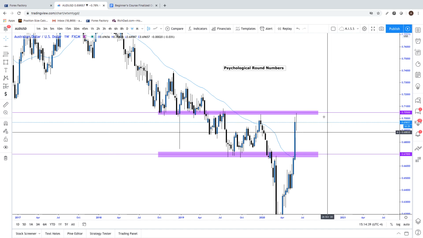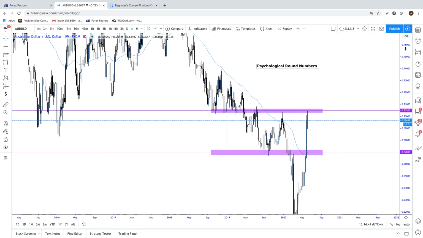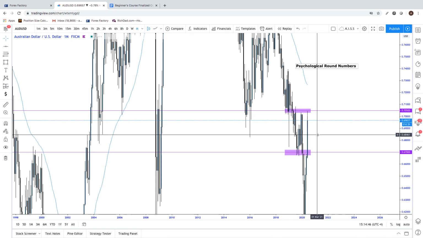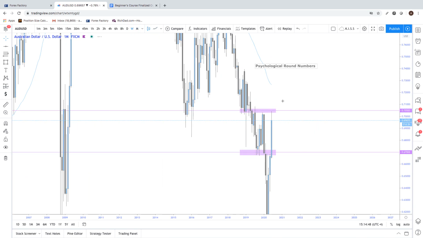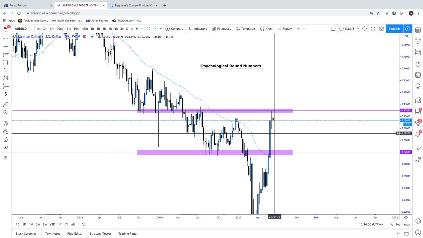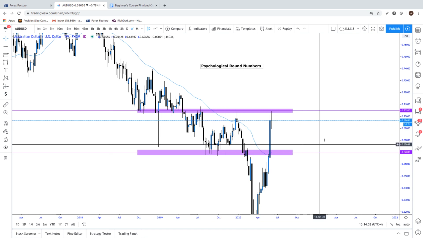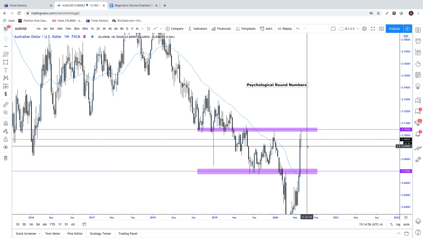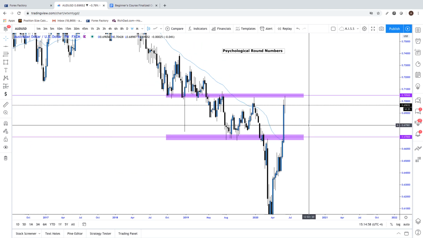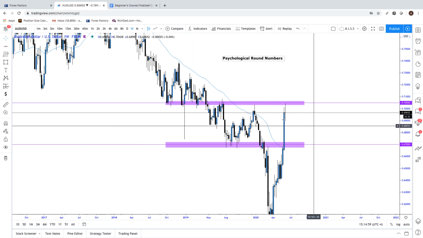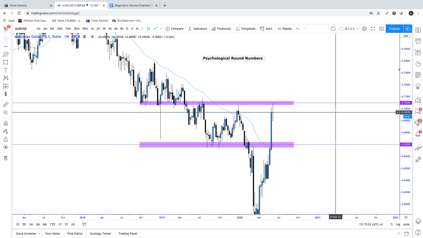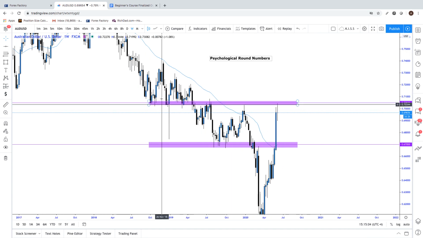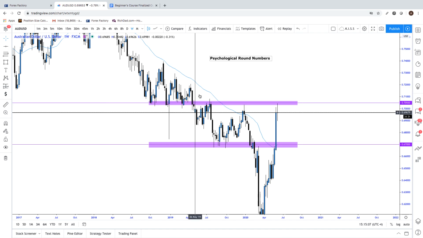Okay, and you can go through different currency pairs on these time frames, the weekly, the monthly, and identify these levels, especially ones that are closer to price, right? We don't need to go all the way up here and find these levels because price is so far away from that right now. So we want relevant, significant levels.